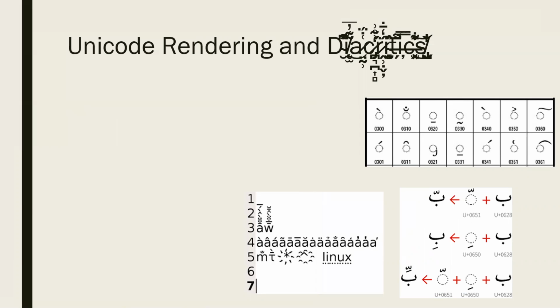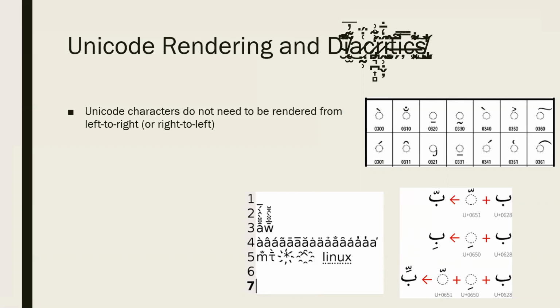As the title here shows, the word diacritics has been obscured with all these extra symbols attached to it. Maybe you've seen this kind of pattern before. The way that these symbols are being rendered is through the Unicode process.